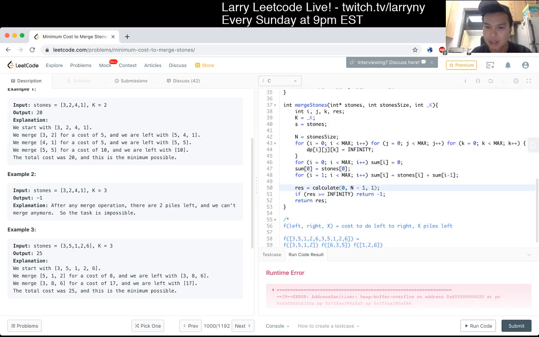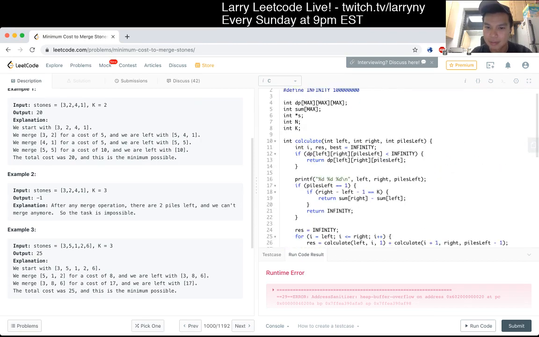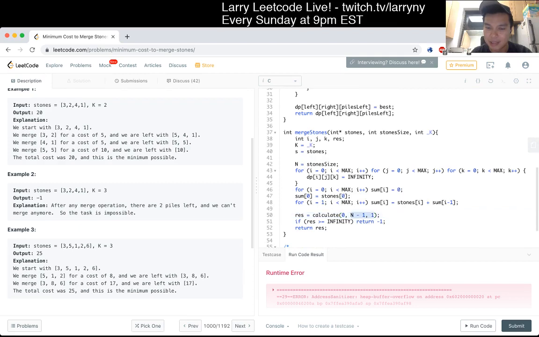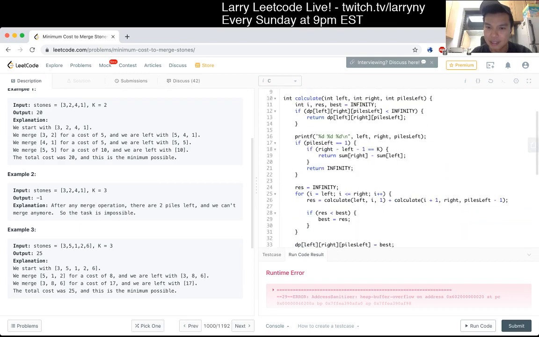Oh, huh. I forgot that we want the answer for 1 power left. So this goes to 0. That's why it's going to infinity. And I wanted to count up.